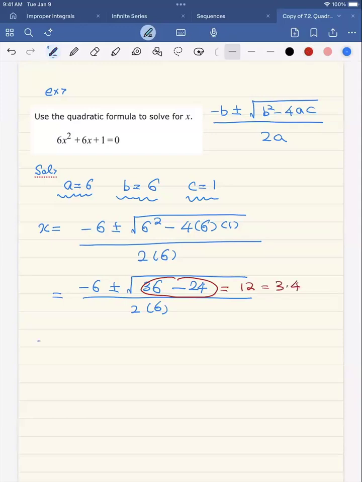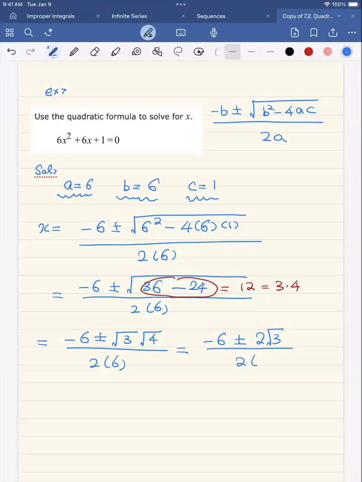So we can rewrite it as minus 6 plus or minus square root of 3 times square root of 4 over 2 times 6. That can be written as minus 6 plus or minus 2 square root of 3 over 2 times 6.